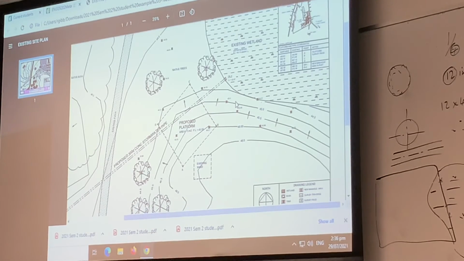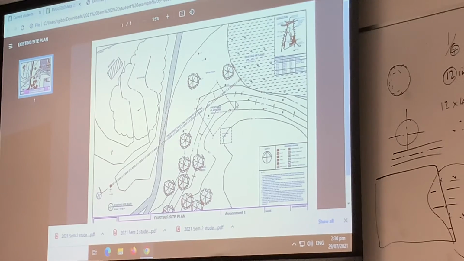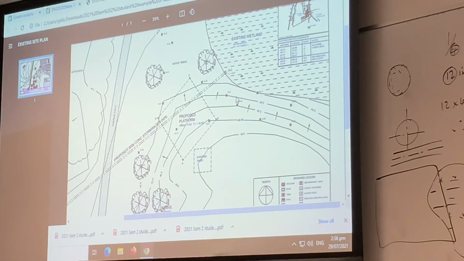What are these errors like? Random errors in the drawings? Yep. What are they? The water flow direction arrows? They're not labelled, and they're not meant to be on an existing site plan. The existing site plan is what the survey's picked up. Why is it water flow? No, it's like in the middle of the drawing, it's not water there.